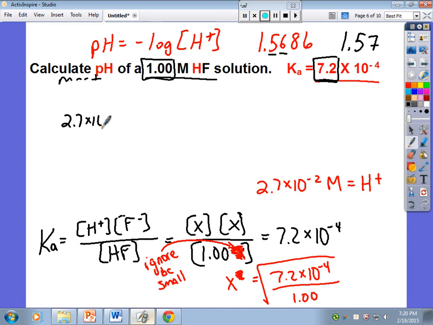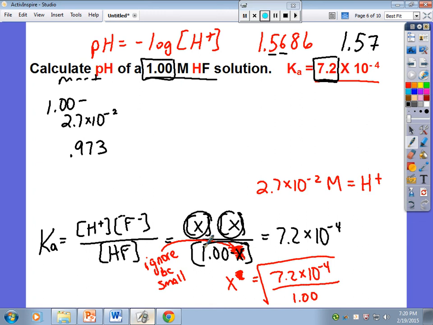What do we know X is? 2.7 times 10 to the negative 2, correct? Okay. Now, I need to solve for these X's, but I'm going to go ahead and put that X in here to show you that that 1 is not changing by much. In other words, if I take 1 and I subtract this value from it, what do you get? I get 0.973.